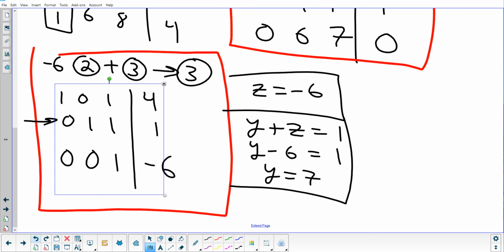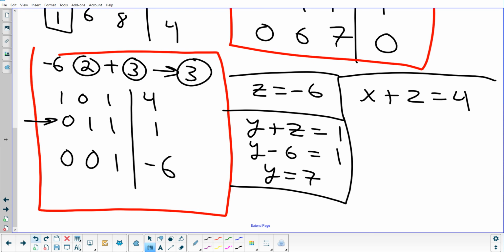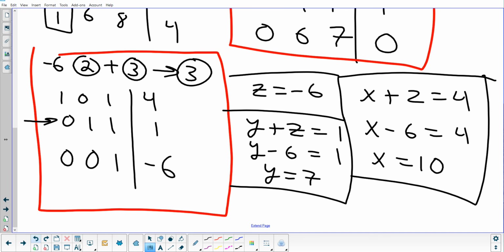Y equals 7. Now the top row, x plus z equals 4. We don't have to worry about y in the top row because there was a 0 there. So we only need z, which is negative 6. So what is x? 10. And there you go. That was a very nice problem in terms of how it worked out.